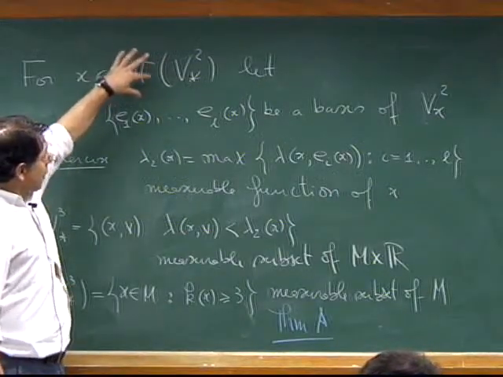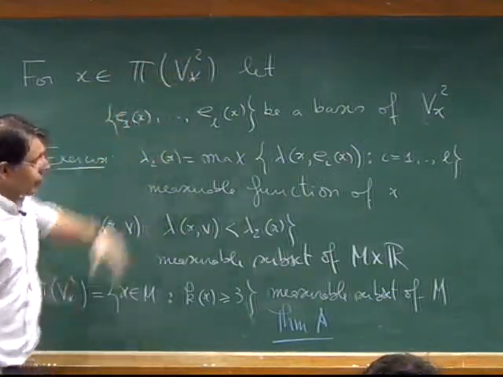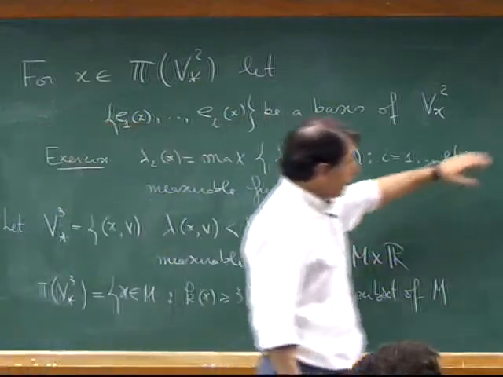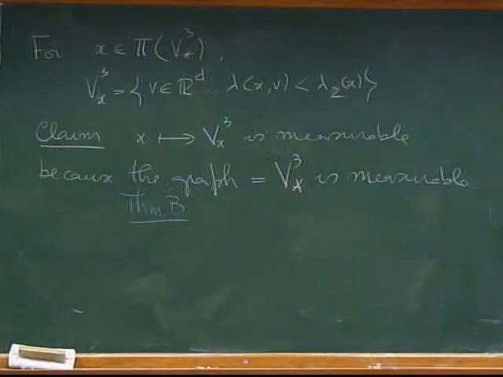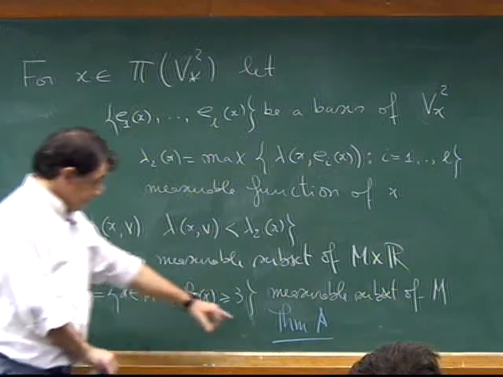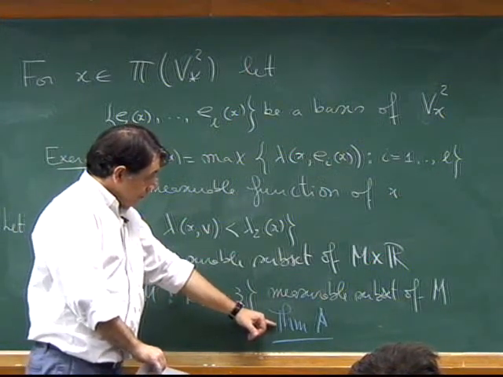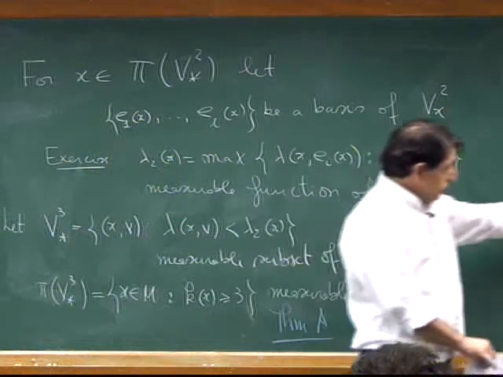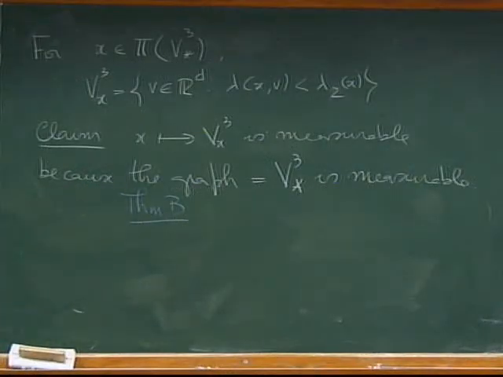In this case, to pi over V2 star. The next time to pi over V3 star, and so on. We restrict the domain. The new domain is measurable because of theorem A, and on that domain, the bundle is measurable because of theorem B. And in the process, we also prove that the lambdas are measurable.